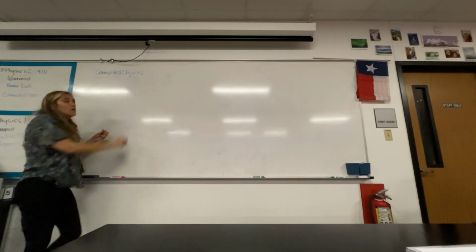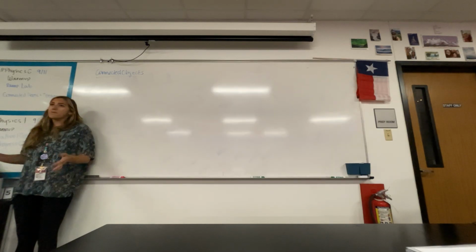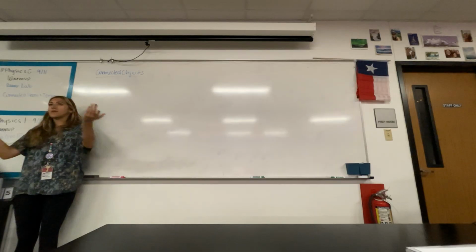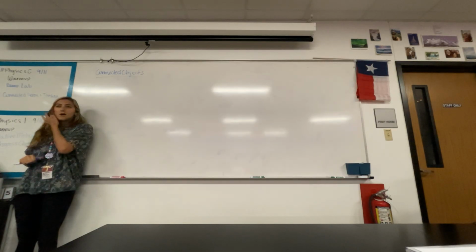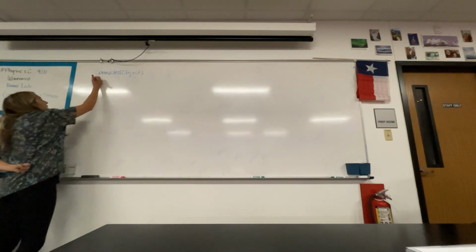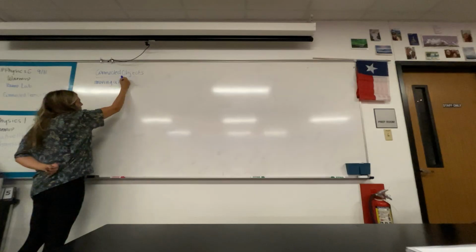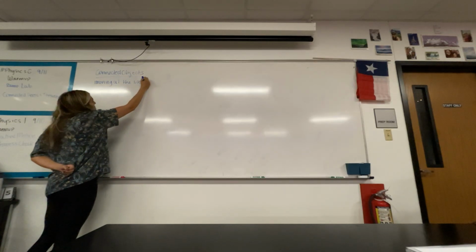The one true statement about connected objects, the most important one, is that what has to be true about their acceleration? These two objects that are connected somehow, what has to be true about their acceleration? Yeah. It has to be the same, right? They are moving at the same rate. That's why they're connected. That's the whole point.